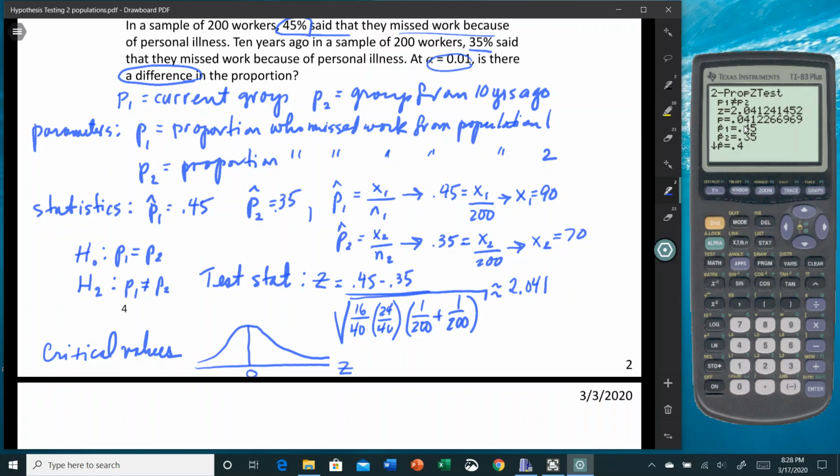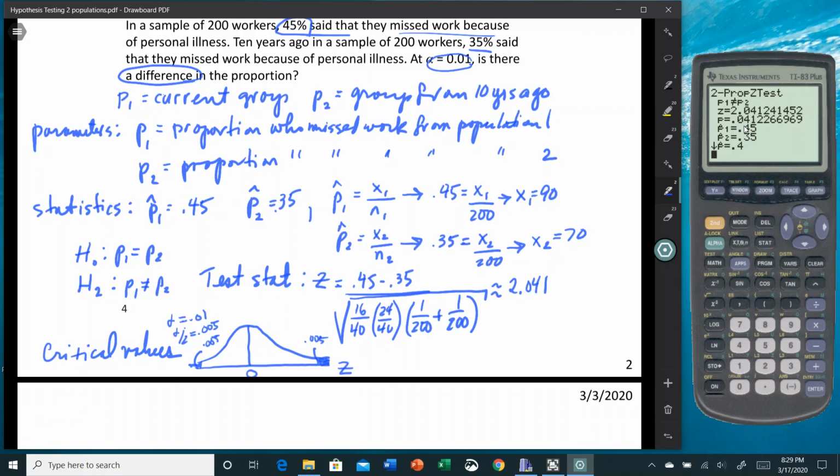Since alpha is 0.01, alpha over 2 is 0.005. So we need the value of Z that puts an area of 0.005 in a tail. And because of the symmetry of this distribution, one of those values is positive and one of those values is negative. You can determine that value by using inverse norm.